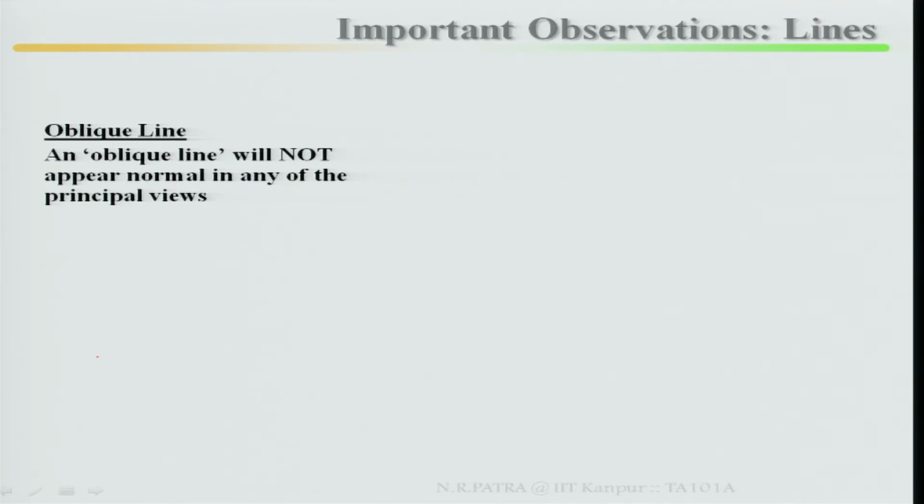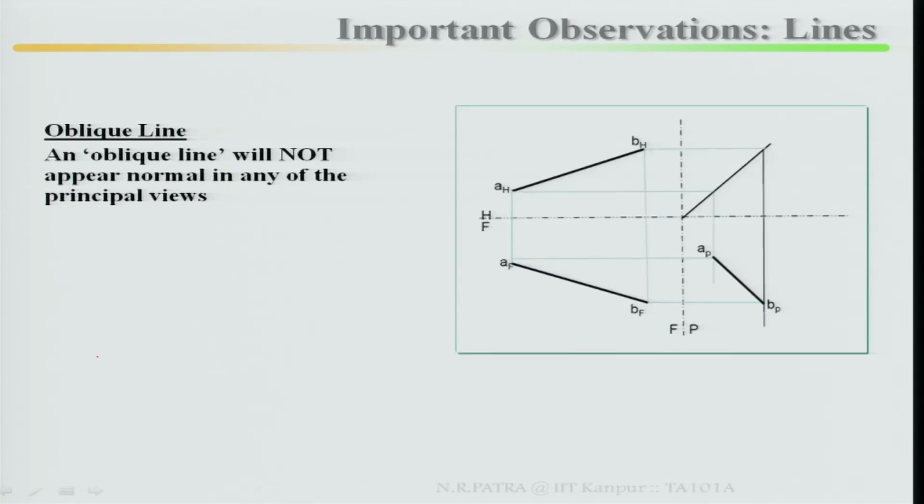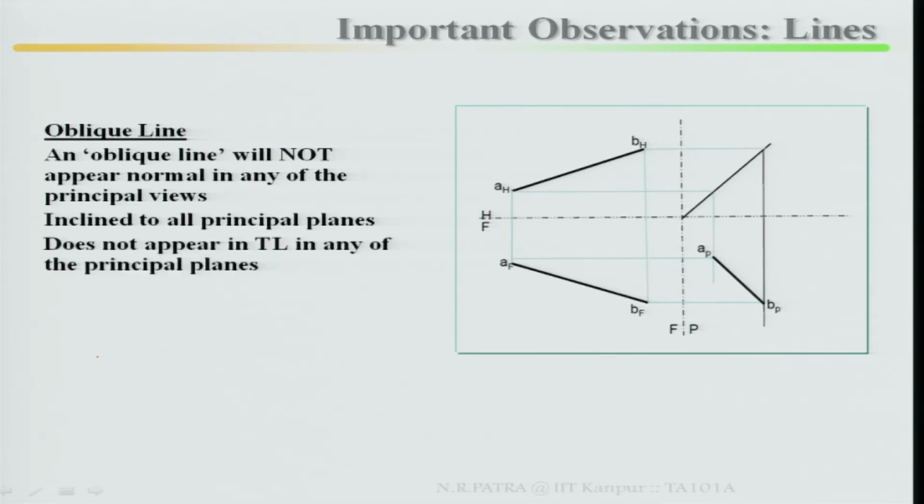If I say oblique line, an oblique line will not appear normal in any of the principal views. An oblique line is inclined to all principal planes, it is not parallel. It does not appear in true length in any of the principal planes.